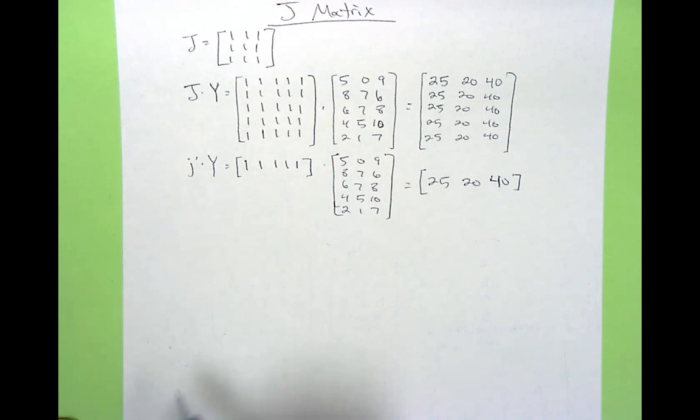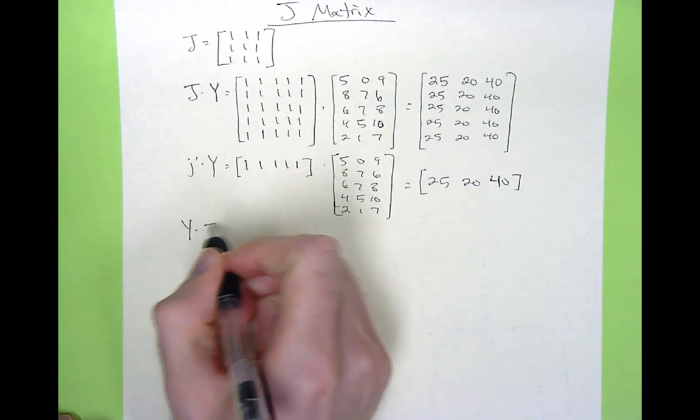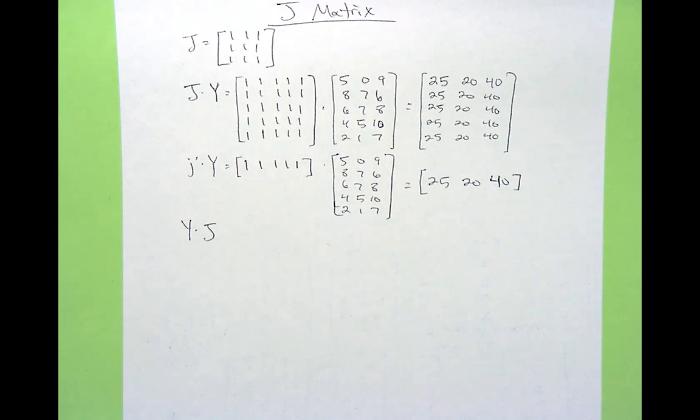So that's an easy way to do that if you don't want to write all this out and all you want is the sums. Now when you post-multiply Y by J, using a 3 by 3 J matrix, that will create a 5 by 3 matrix of sums of the rows in Y. And each column is a repeat of these sums.